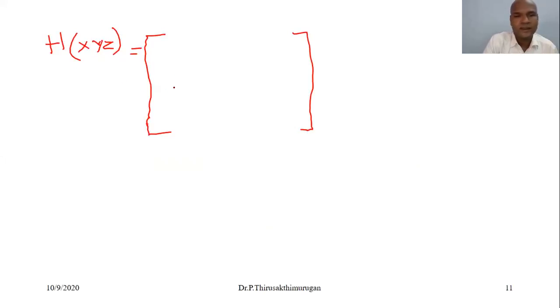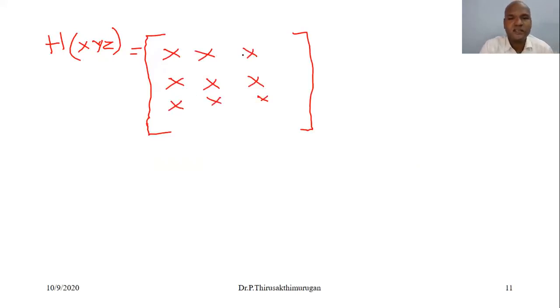In the 4 by 4 matrix, the first 3 by 3 elements are the transformed matrix. This is the homogeneous transformation entirely. The homogeneous transformation matrix consists of 4 rows and 4 columns. Among the 4 rows and 4 columns, first 3 by 3.